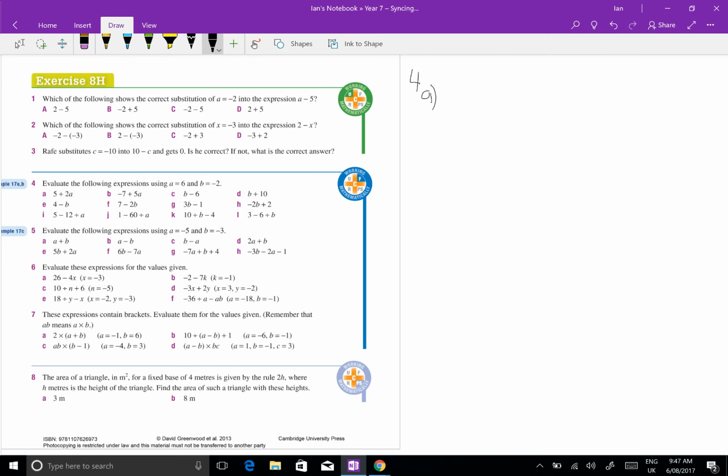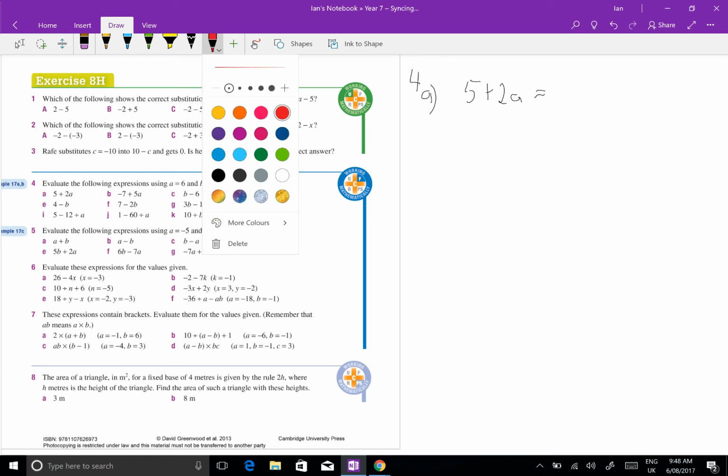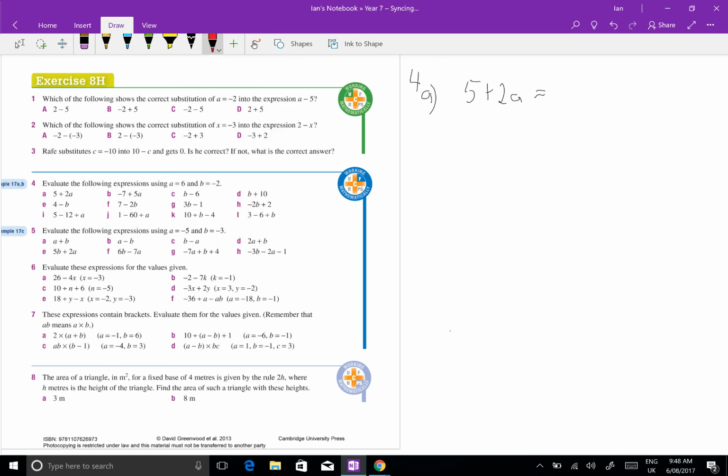So 4A. Here we have an expression, 5 plus 2A. And what do they tell us to let A equal? They say find the value when A equals 6.